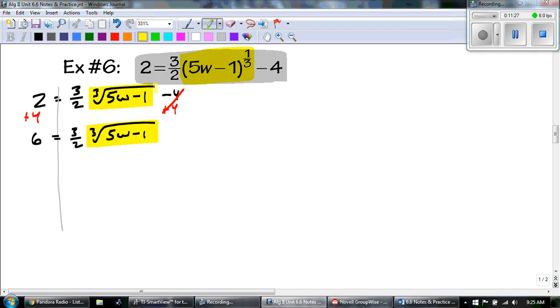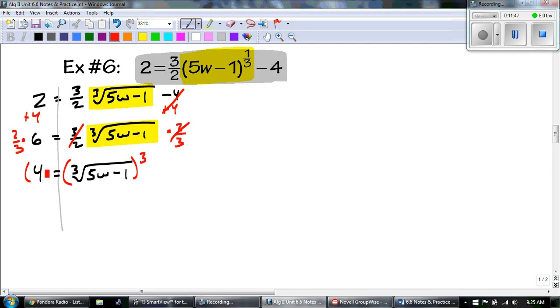We're not by itself yet, so I need to multiply by the reciprocal. 2 times 6 is 12, and 12 divided by 3 is 4. To get rid of the cubed root, I need to take everything to the 3rd power. And 4 to the 3rd power is 64.